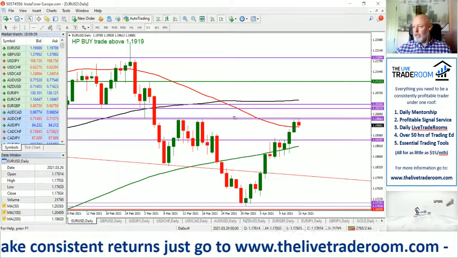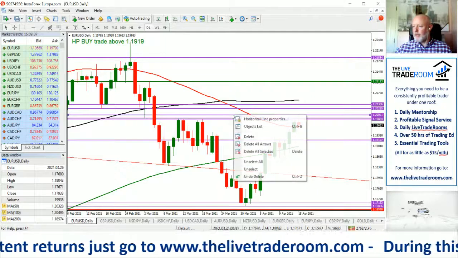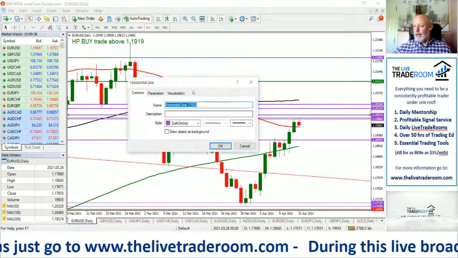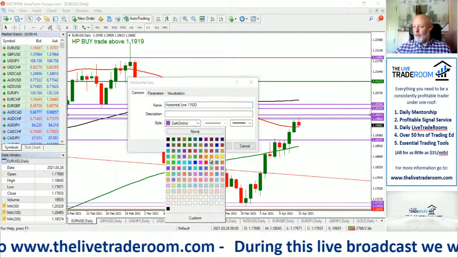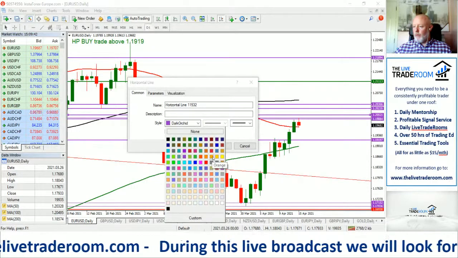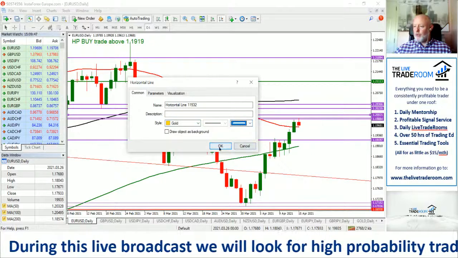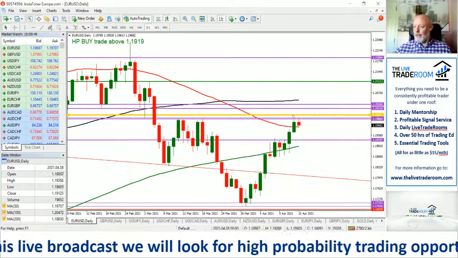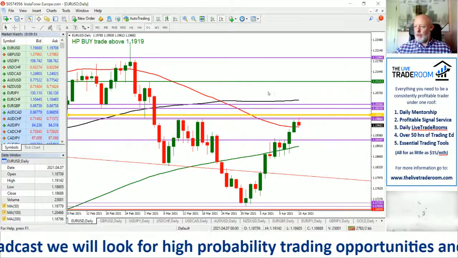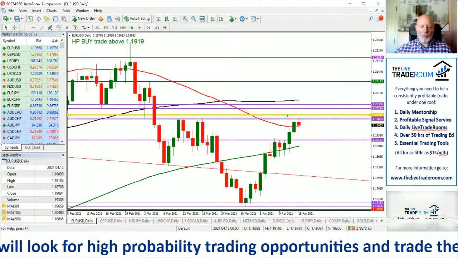It's so important that I'm going to put this level just in here. We mark all important levels slightly differently, so you can see if it's an all-time high or a major level like the 120.